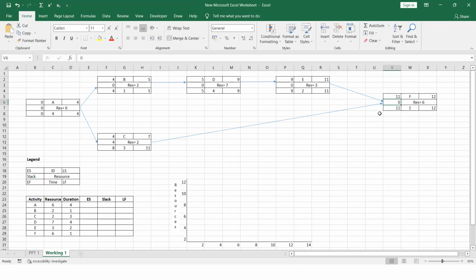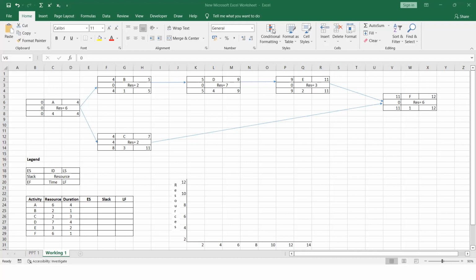So after calculating slack time, we have to identify what is the next step in the project network. After identifying this slack, what is the next step you have to go? Identification of the critical path. Very good.